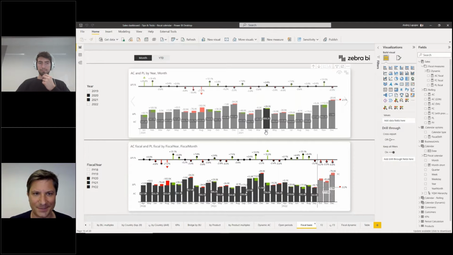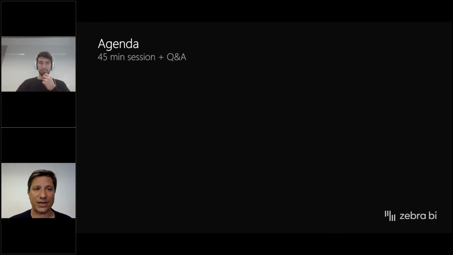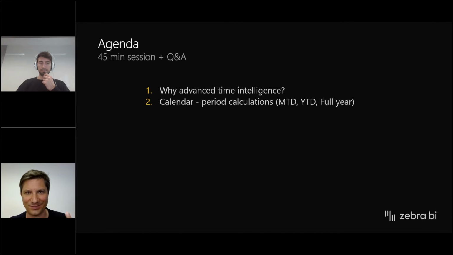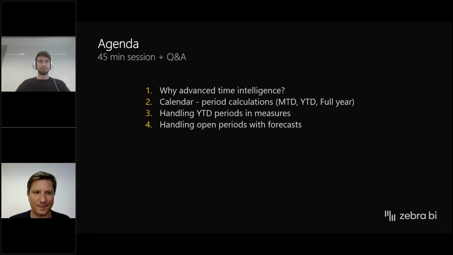We'll try to build this today. So, the agenda. First, why? I hope I show the motivation, that this sounds interesting, and we'll start with building the calendar and the basic period calculations, moving on to handling year-to-date periods in measures, and then handling open periods with forecasts. I'll explain this a little bit later.